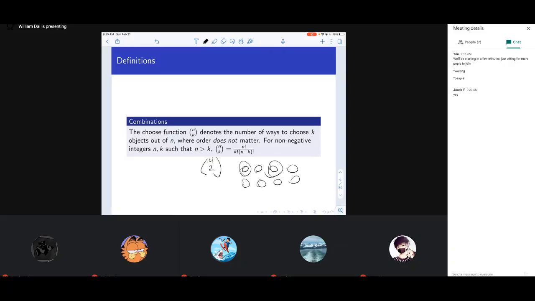I'm going to enumerate them briefly here. There's 6 of them, and this matches up with the formula we gave. It's kind of crowded here.